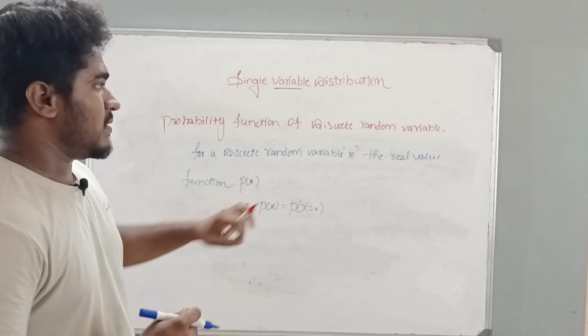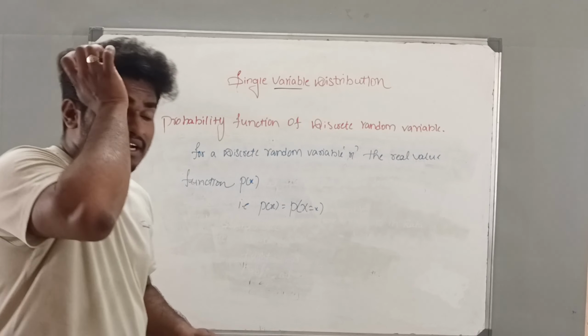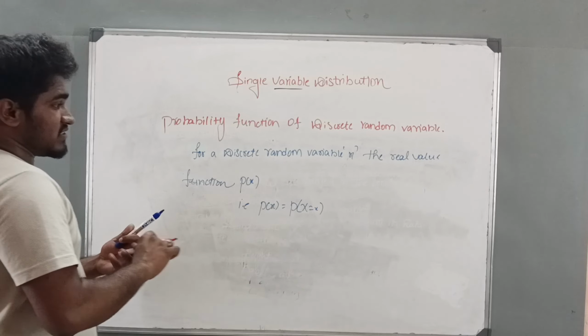This is the probability function for the discrete random variable, and we have some properties of this. Okay, so properties.